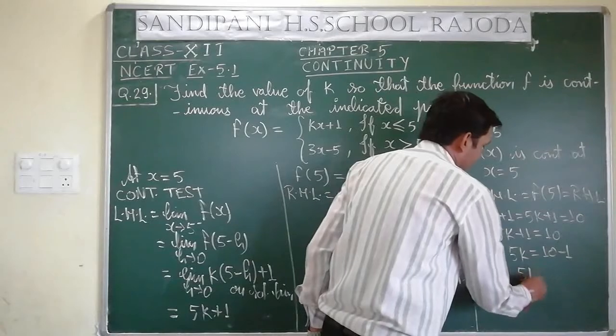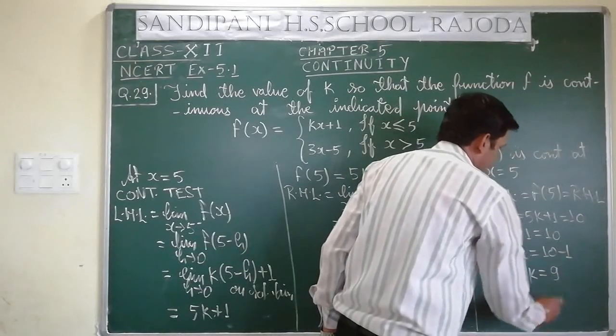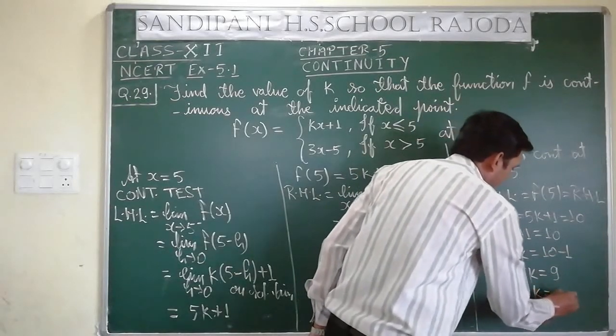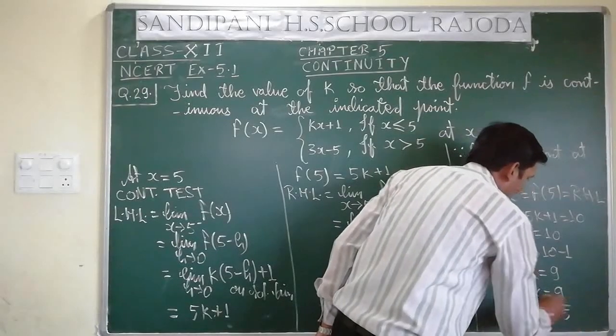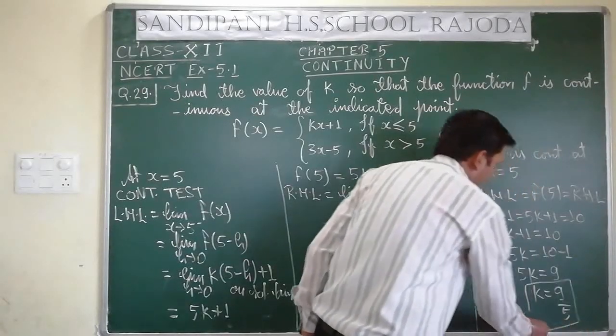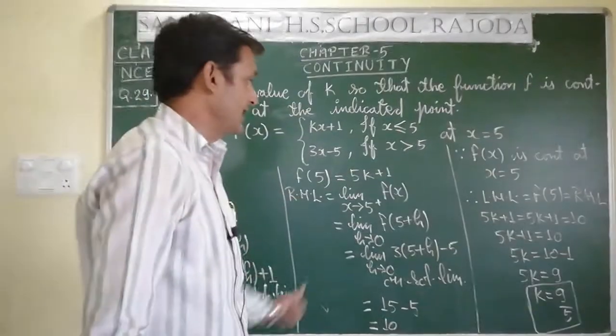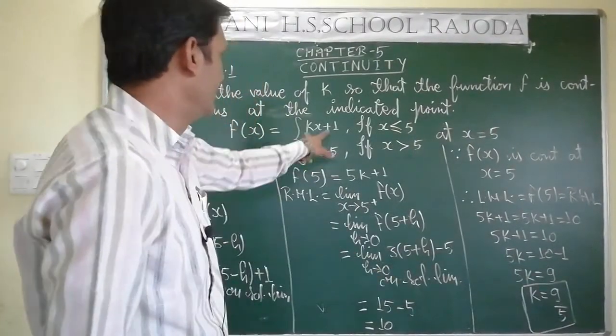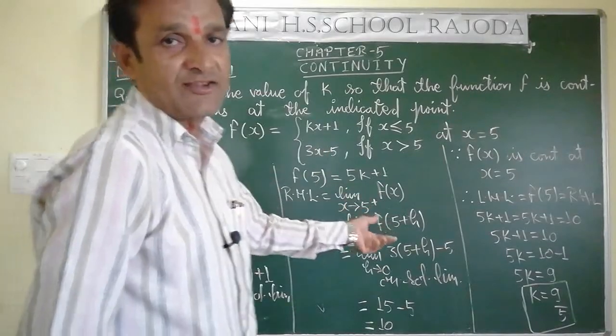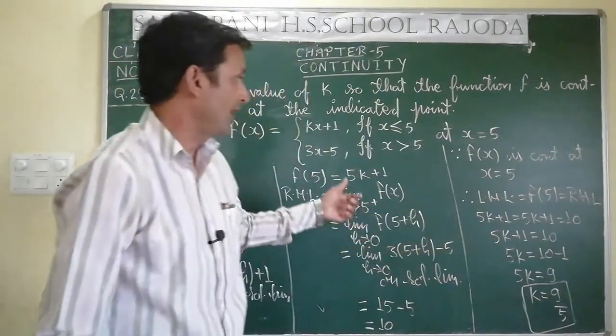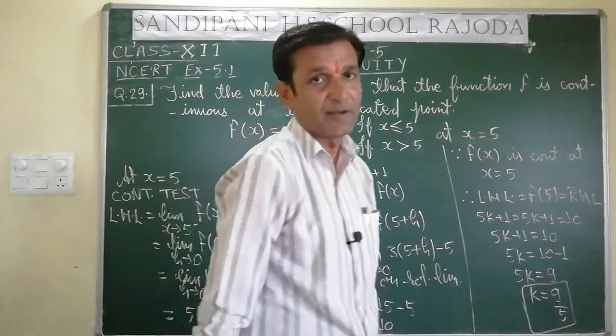So 5k is equal to 9 and k is equal to 9 by 5. So if we put the value of k is equal to 9 by 5 in this function, then this function will become continuous. Means at k is equal to 9 by 5, LHL is equal to RHL and it is equal to f of 5 also at that place. It is over.